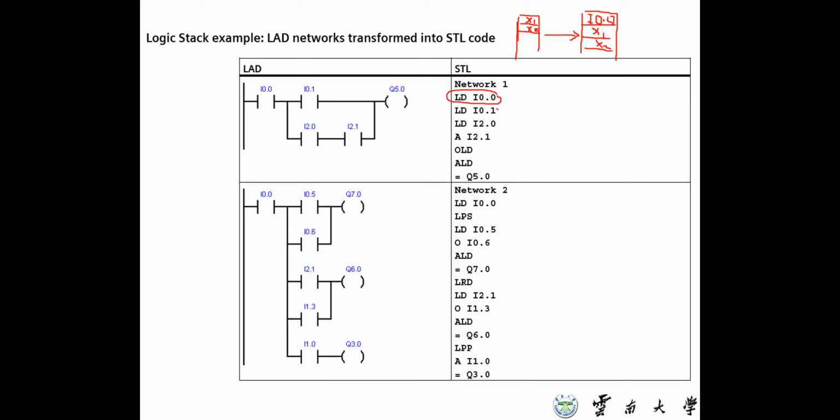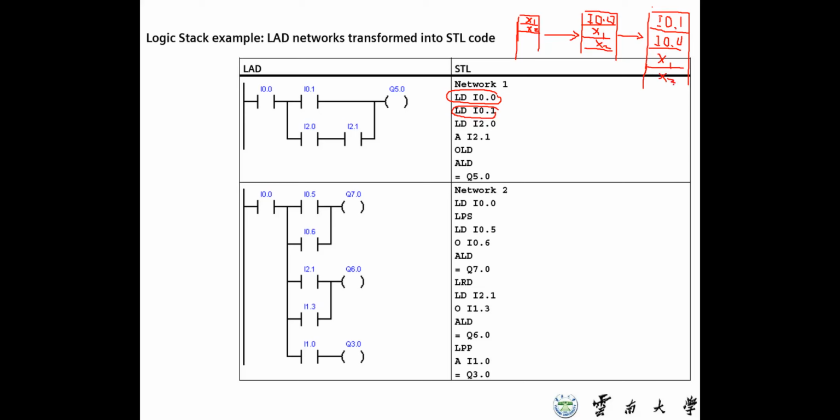If we do this one, what does the stack change to? The top is I0.1, and the second is I0.0, and the other is this.